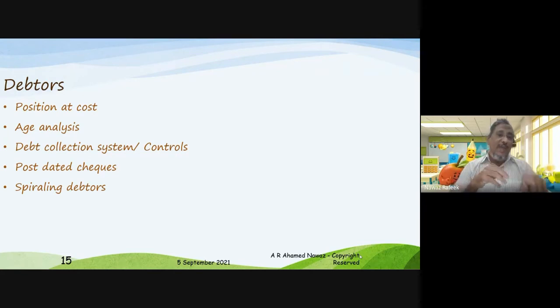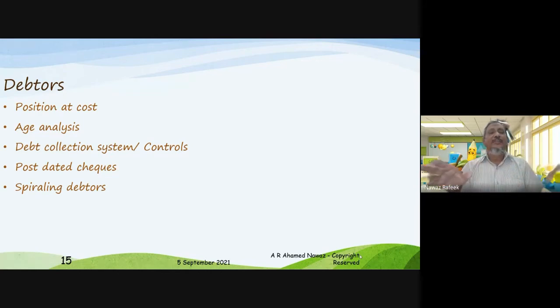But as bankers, what we have to see is go through an age analysis and see how much of the debtors are there more than 45 days, more than 60 days. Likewise, you make it up. More than 45 days are doubtful, more than 60 days is a bad debt. So your provisioning has to be accordingly adjusted.